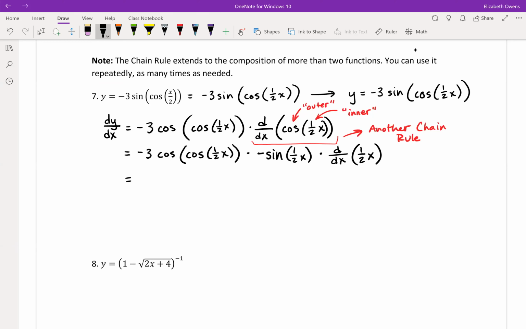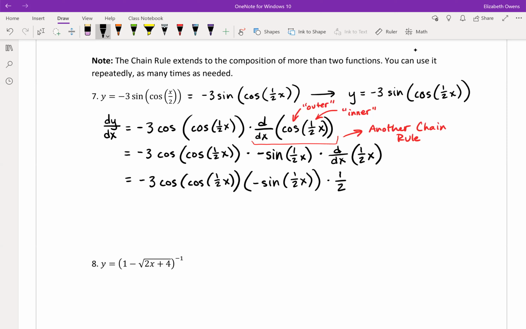So now we have -3 cosine of the cosine of 1/2 x. That part is done; we don't touch that anymore. Now we're multiplying by negative sine of 1/2 x, and then by the derivative of 1/2 x, which is just 1/2.